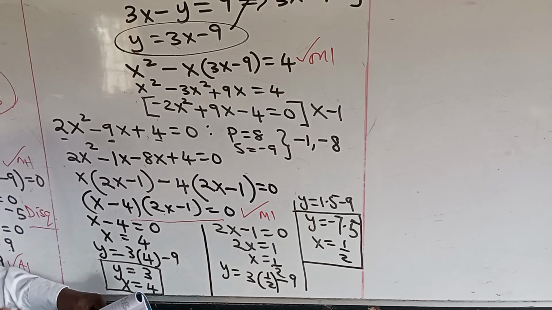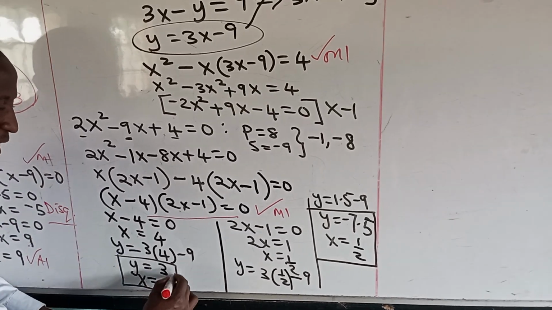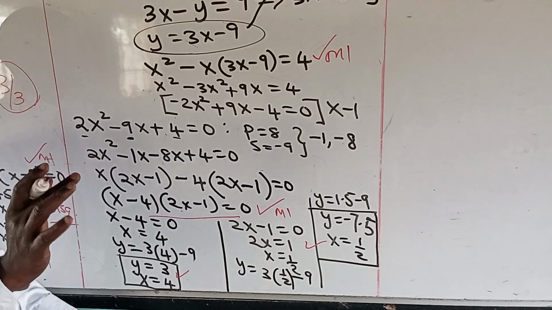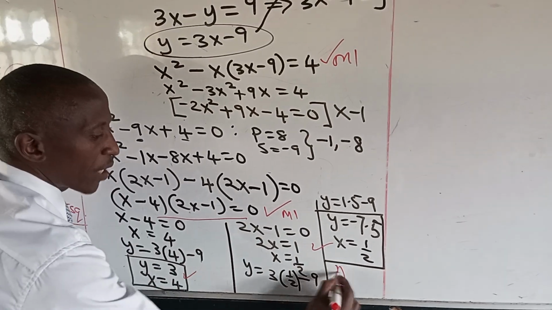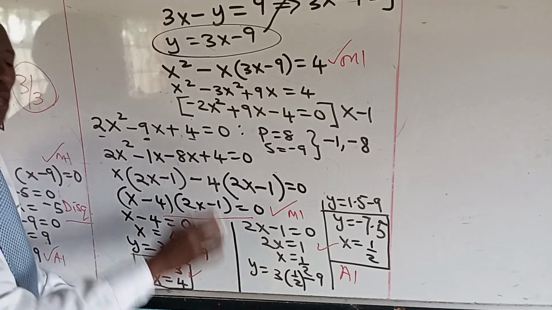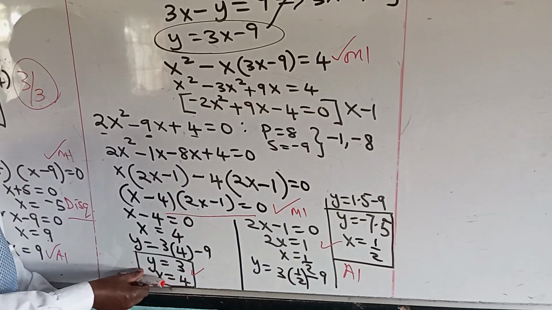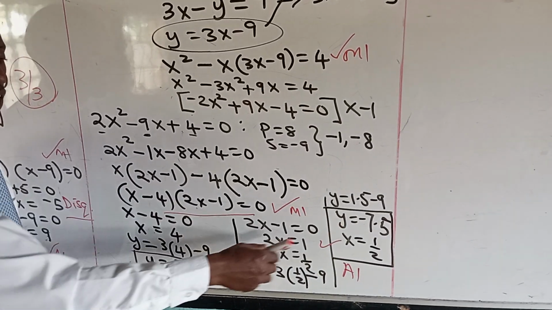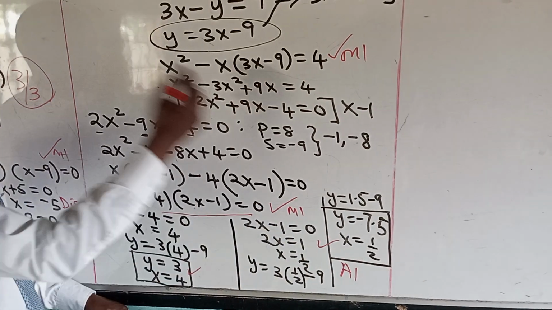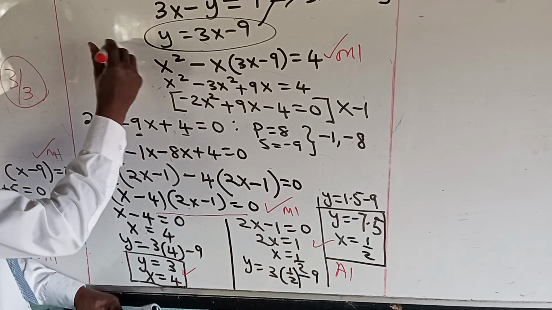And the most interesting bit is the answer is awarded A1 for both. So we shall have to look at, did the student get the two sets correct? Were they paired? You get A1. At times the students write only one answer, leaving out the other one. Now that student will lose the A1. So it is important that we are able to pair the two answers so that we get the 3 out of 3 marks.